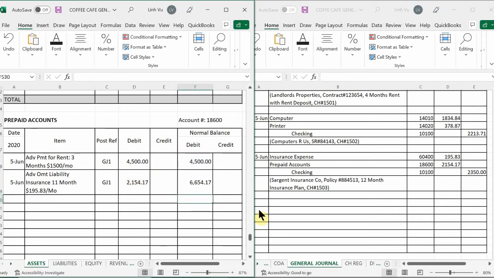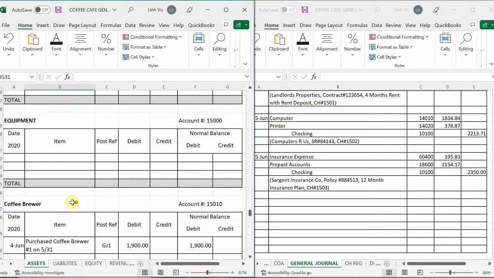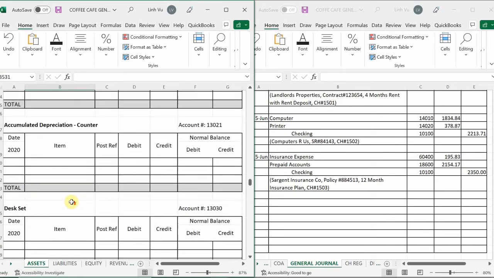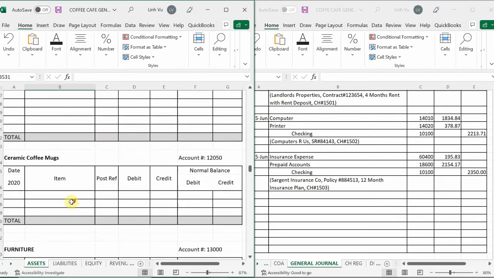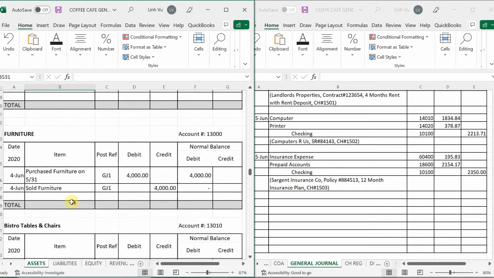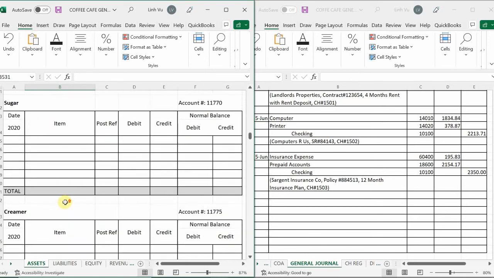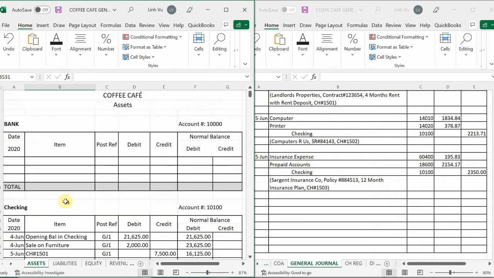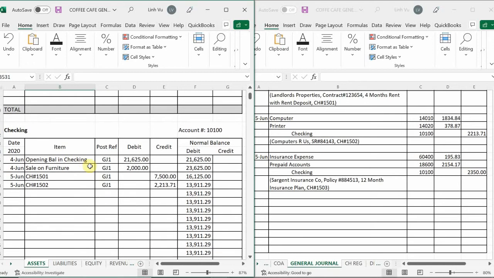$6,654.17. Good. Okay. What was that last one?